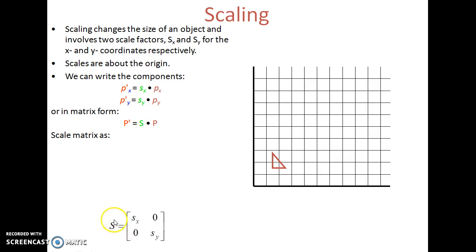S is the scaling matrix, that is Sx 0 and 0 Sy. Let's take one example. There is one triangle called the P triangle. It is scaled by some unit, Sx in the X direction and Sy in the Y direction. So it will be scaled like this.